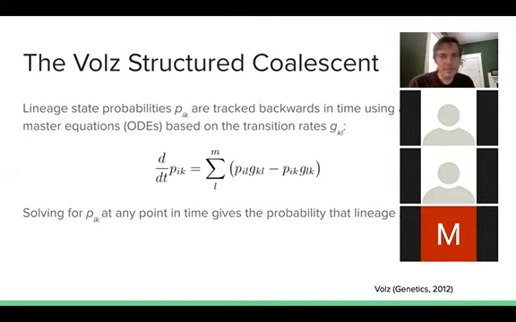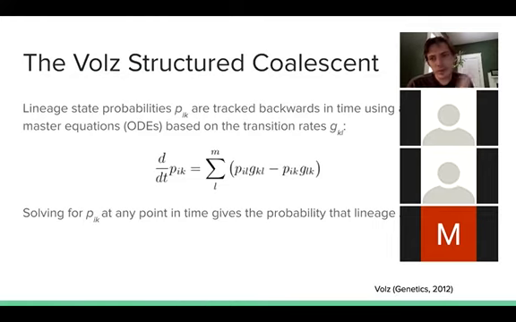So I briefly showed you this when we were looking at the structured coalescent models back in, I think, week 5 or week 6. But hopefully now that we've spent some time thinking about differential equations, this will make much more sense. So I'm showing it to you again.